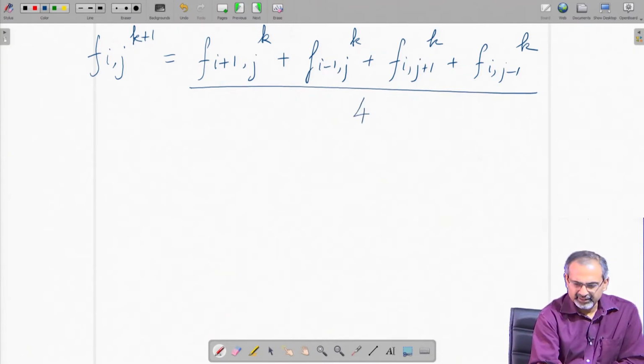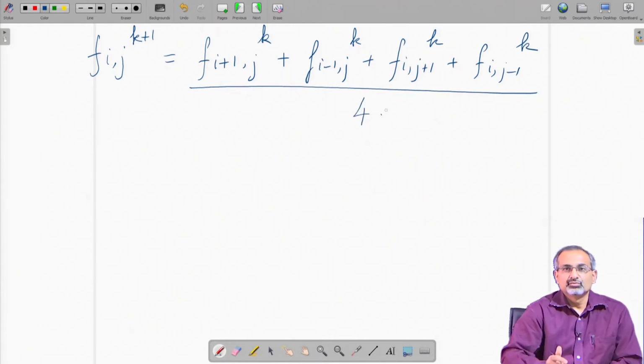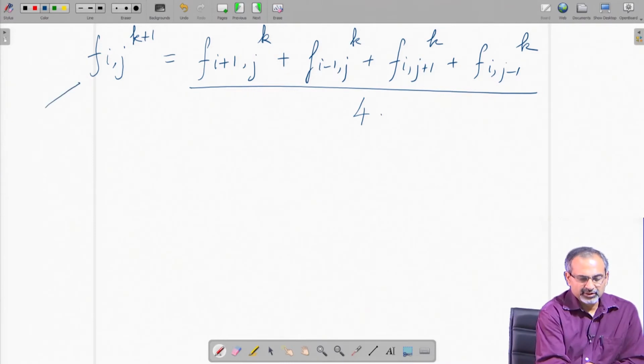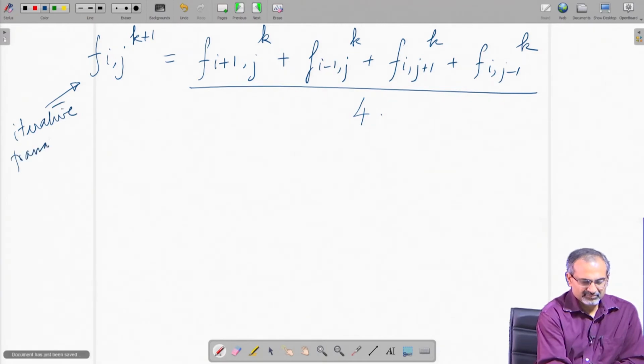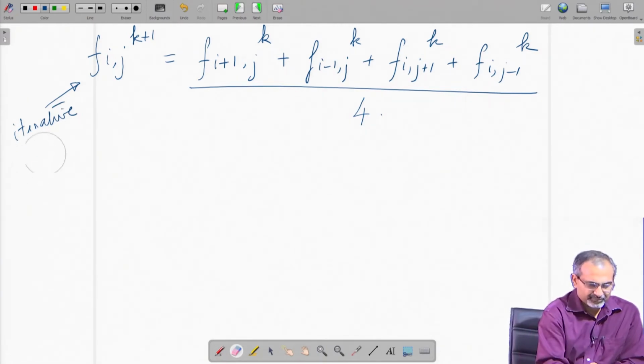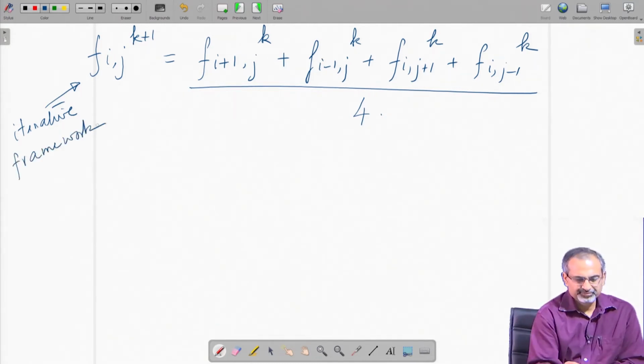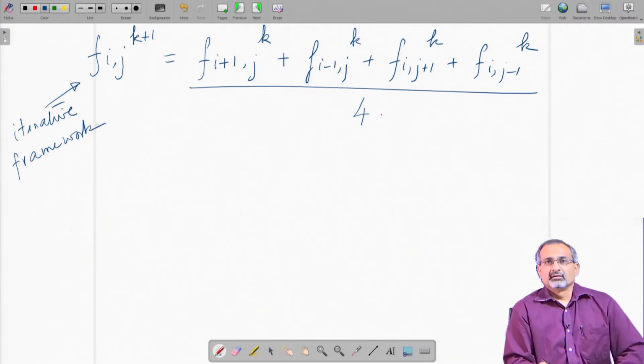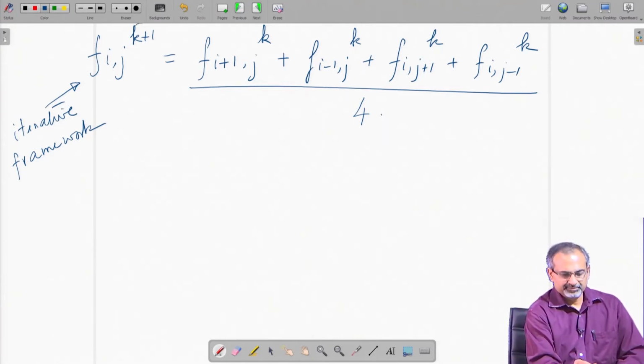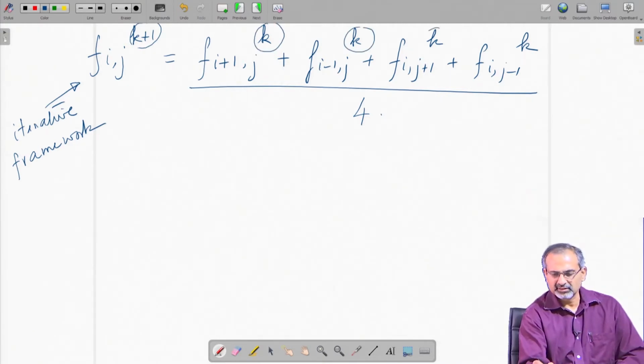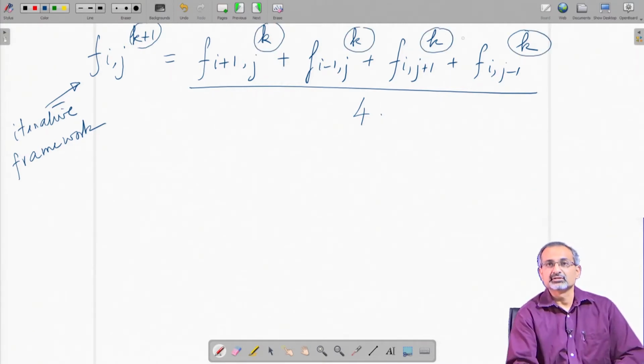So, we have written this discrete equation in an iterative framework, where we have introduced a superscript here associated with each one of the functional values that we are using in this equation.